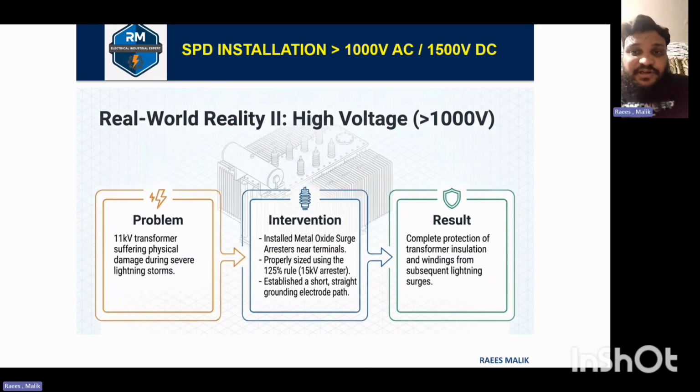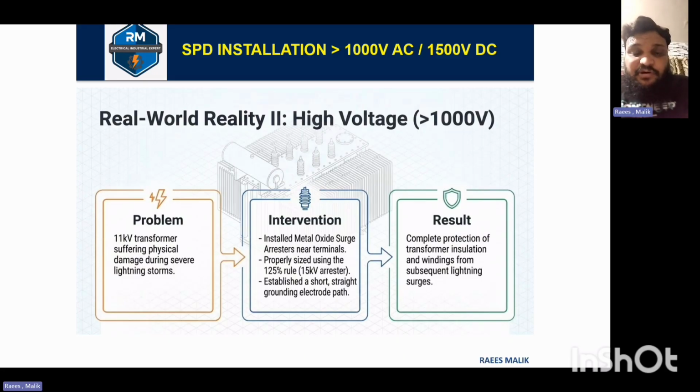So when it comes to voltage greater than 1000 volt, an 11 kV transformer can suffer physical damage due to lightning strikes and heavy switching surges. So when metal oxide surge arrestors near the terminals are installed, the installation should always be greater than or equal to 25% rating of the system voltage.